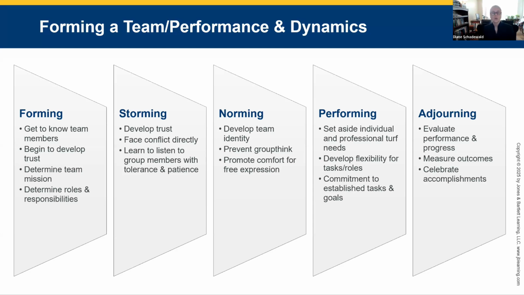And what each individual within the team does may change over time. So you need that flexibility for tasks and roles. And they do want to have a commitment to what you established as your tasks and goals in the performing stage.